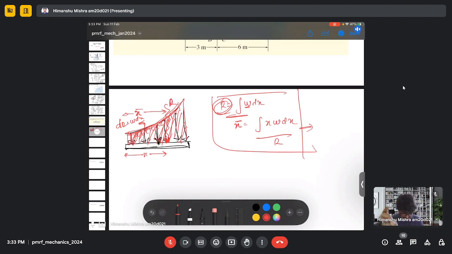So what we are doing is taking the equivalent of this whole varying force into a single point force which is acting on a very specific point. And therefore we need two things. First, the magnitude of that single force, and second, the location of that force.